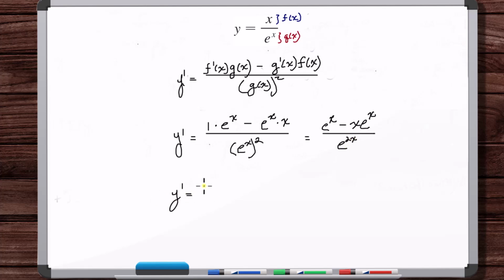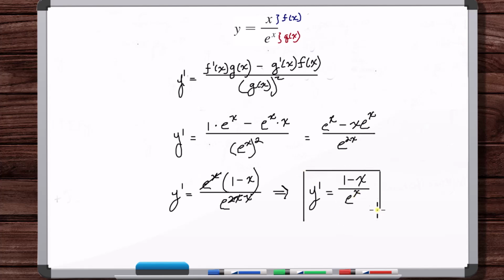We can factor out an e to the x in the numerator, and we're left with 1 minus x all over e to the 2x. This cancels, and this becomes just an x. And that's the derivative.